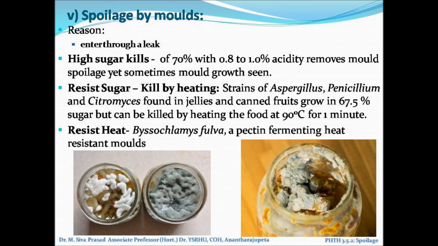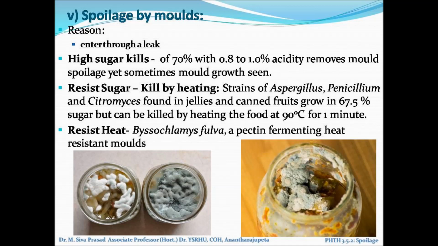But there are certain molds which can resist this high sugar percentage, such as Aspergillus, Penicillium, and Citromyces, which can even grow under high sugar conditions. But these sugar resistant molds can be killed by applying mild heat, that is 90 degrees Celsius for just 1 minute.